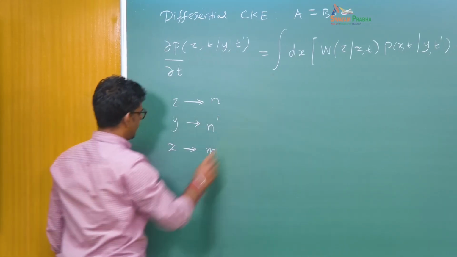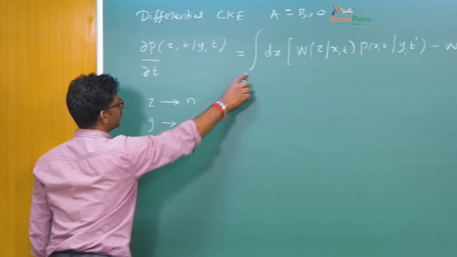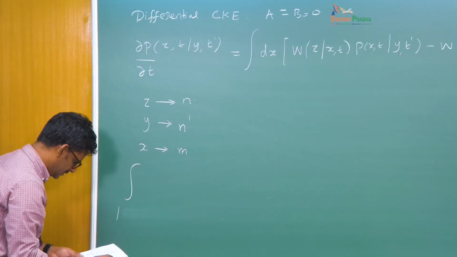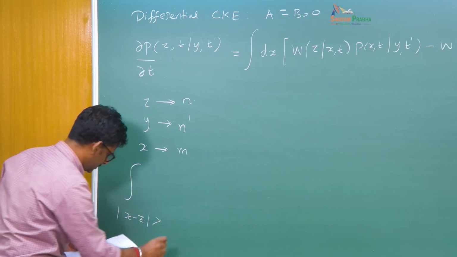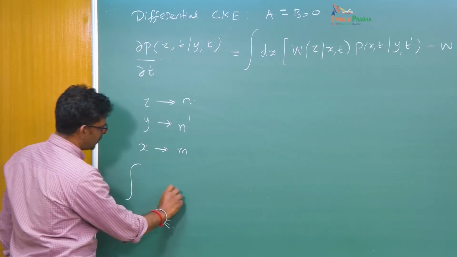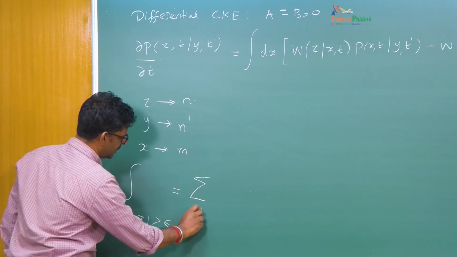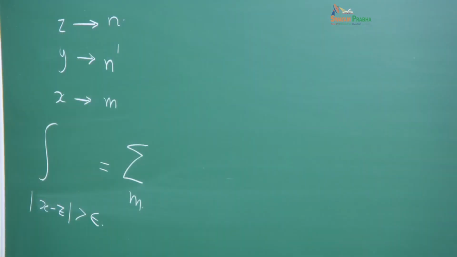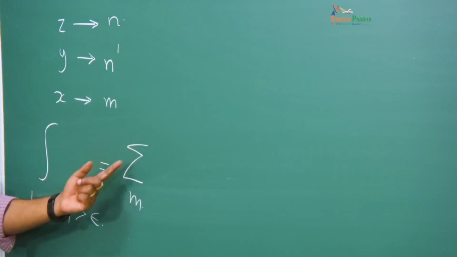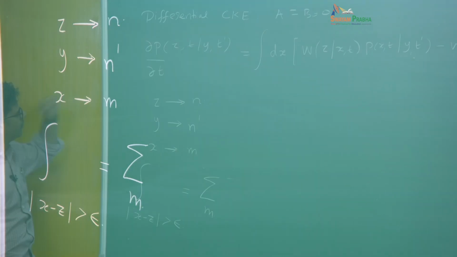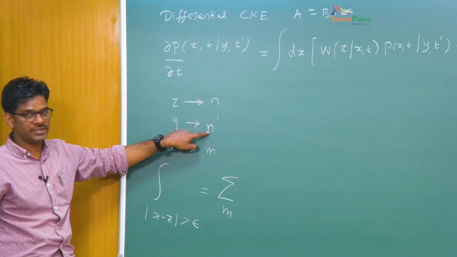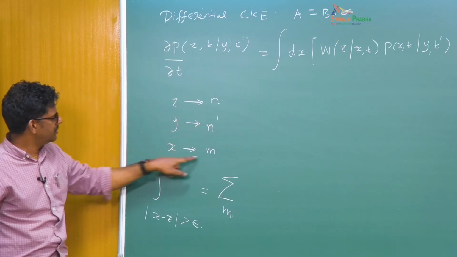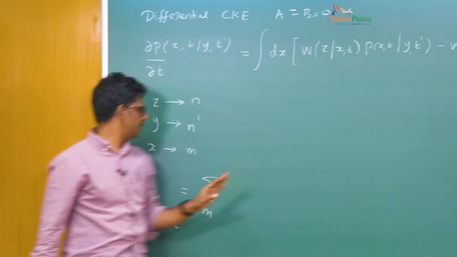And then this integral that we used to have, if you recollect, was defined such that the modulus of x minus z is larger than some sigma. This can now be replaced with a summation over m. So this integral in dx over many jump events can be written in terms of a sum over several m values. So z is now written as n, y is now written as n prime, the conditioning state, and the intermediate state x is replaced with m.